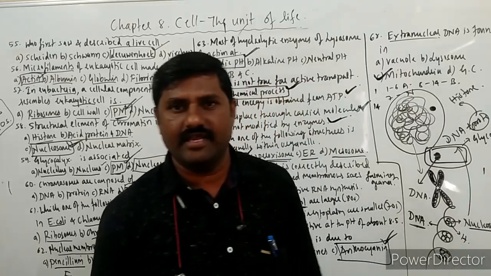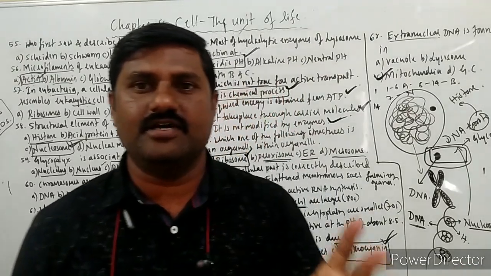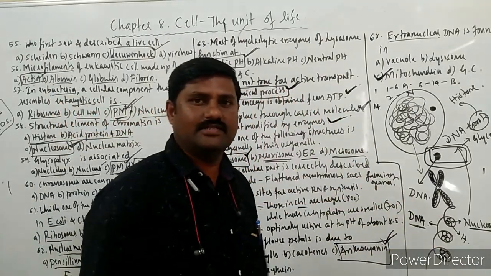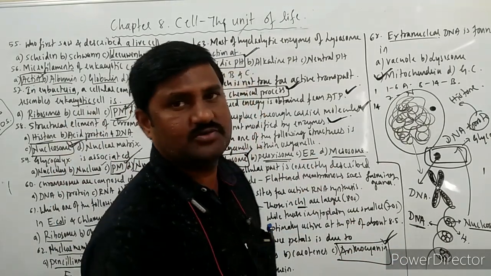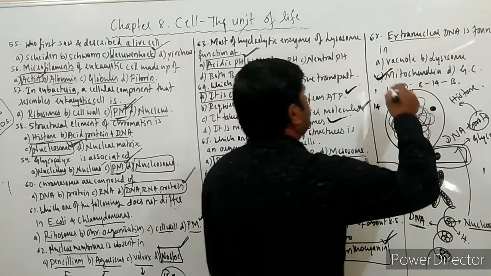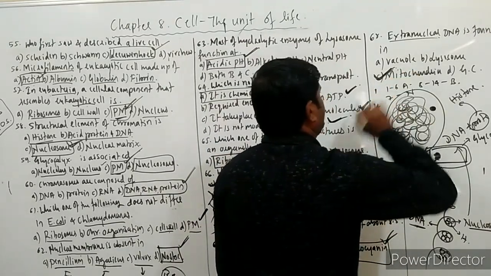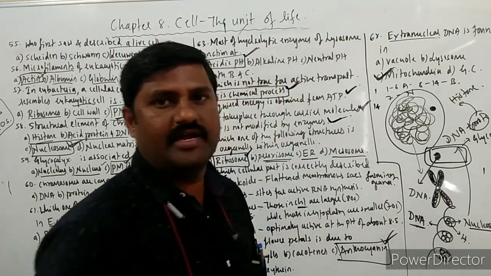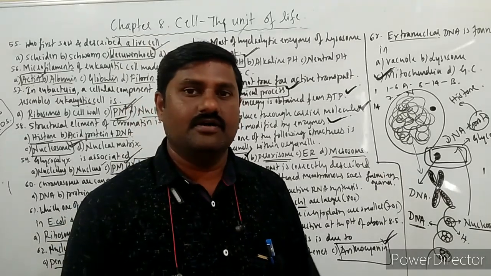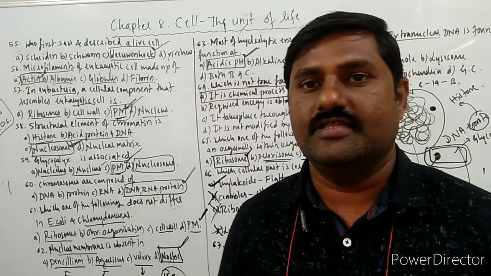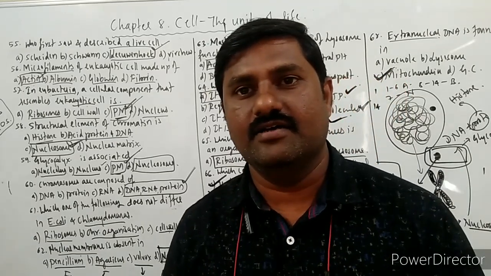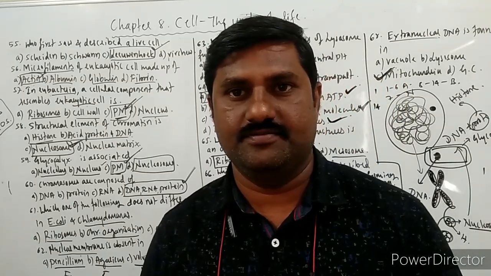It doesn't have DNA, right? It has cisternae, tubules as well as vesicles, all together forming the Golgi complex. Dictyosomes they are also called, right? So the correct option is option C, mitochondria. These are the questions I have solved for you in this session. In the next session we will start with the next questions. Thank you.